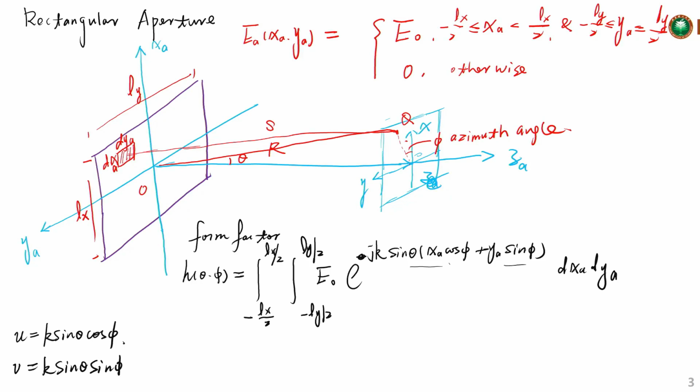Then this term can be expressed, I will neglect the expression for this part, and the a naught is constant, so it can be outside of the integration, as the integral of e to the j u xa dxa times e to the j v ya dya.